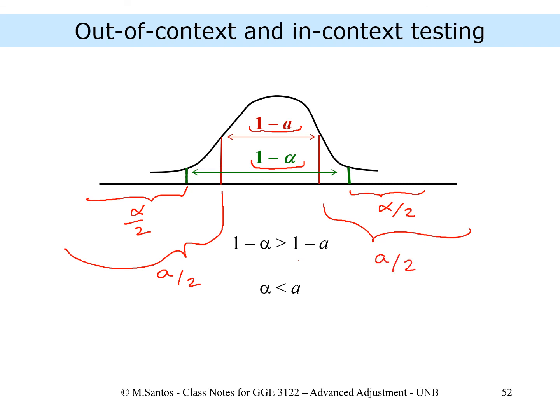So if you go back and look at this figure that we're showing now, and in the light of type 1 and type 2 errors, you're going to see that there are some implications in using out of context and in context testing.